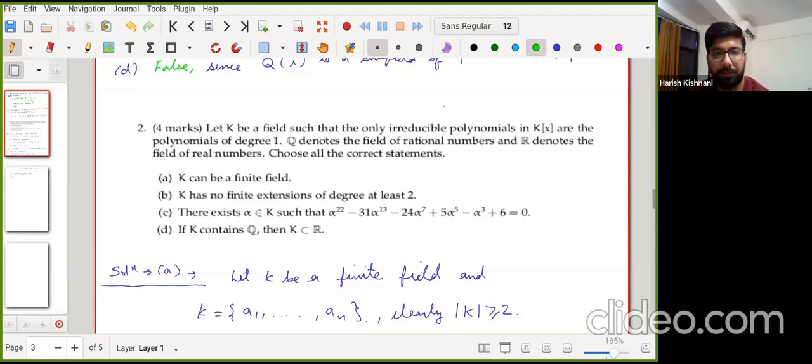So it is just omitting the degree 1 extensions. Definitely every field has degree 1 extensions. It is precisely the field itself. But apart from it, it's not having any other finite extension. So this is true, and one has to see why.